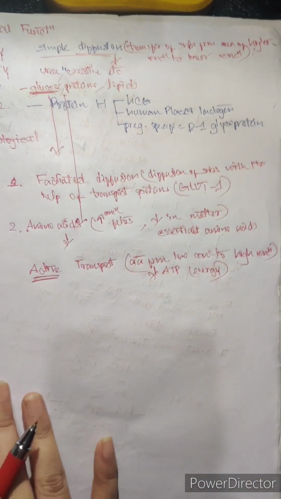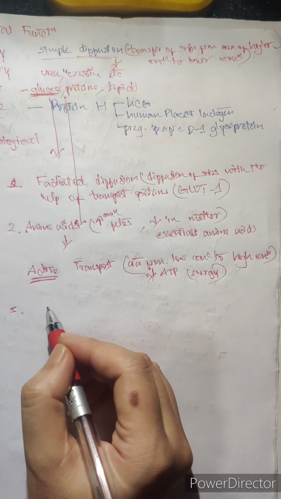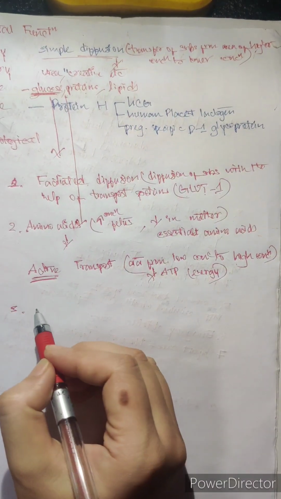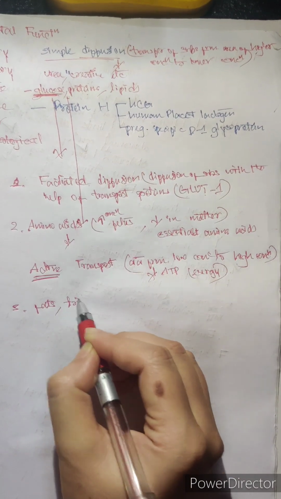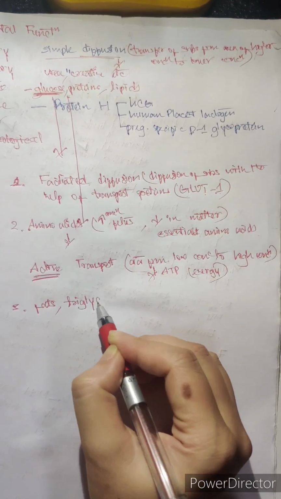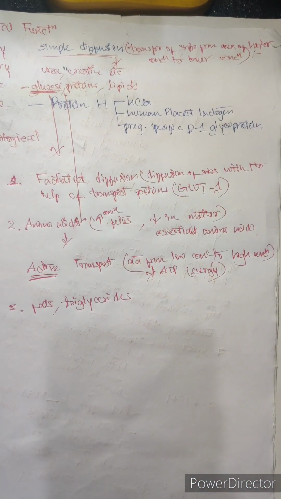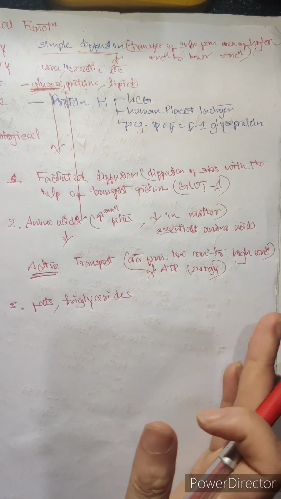So this is done. Next comes your lipids. Your lipids are transported in the form of fats and triglycerides. Your lipids and triglycerides are directly transported from the mother to the fetus.